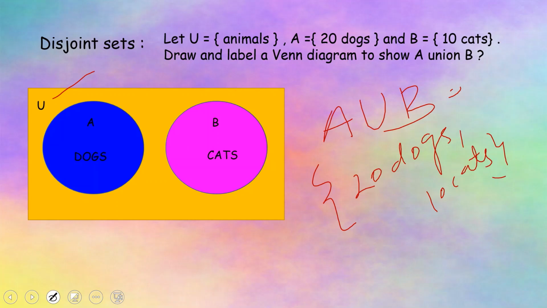So this is how you get the union of A and B. Now you might get a question: when we talked about the intersection of two disjoint sets, you said that A intersection B becomes the null set. Then how come here you get A union B as 20 dogs and 10 cats?